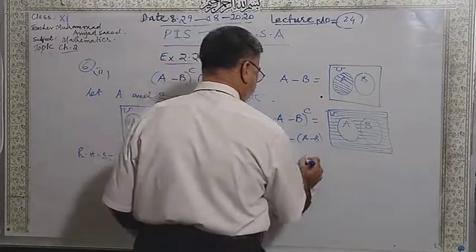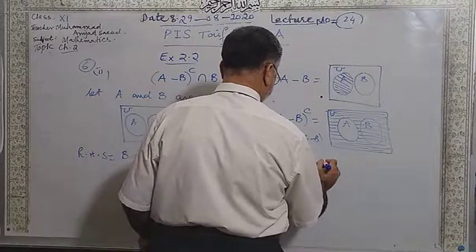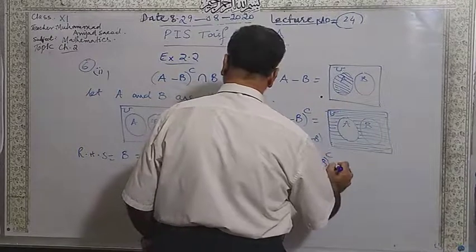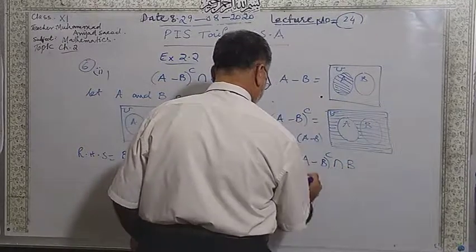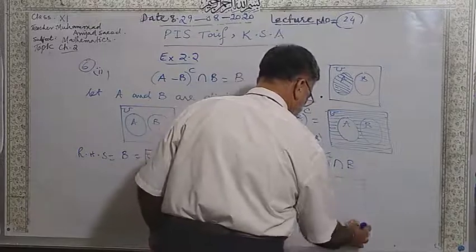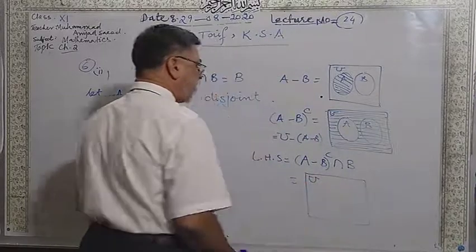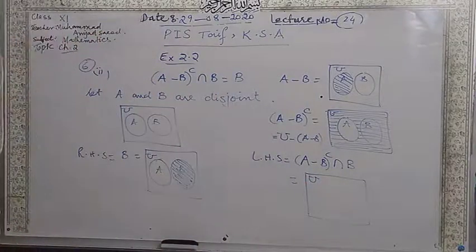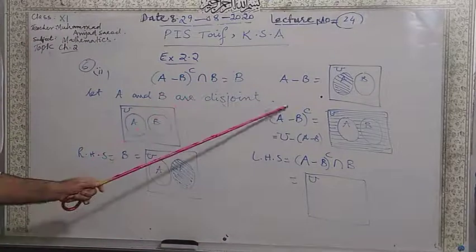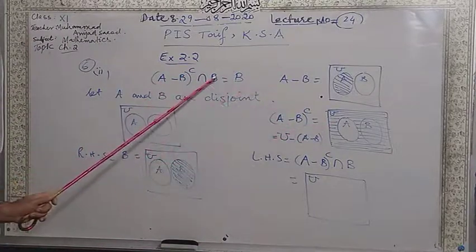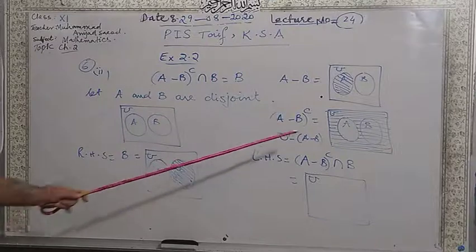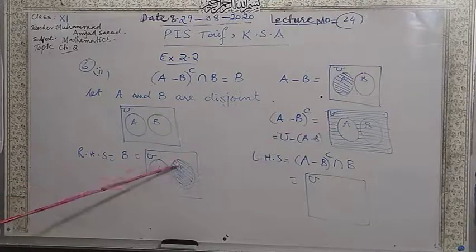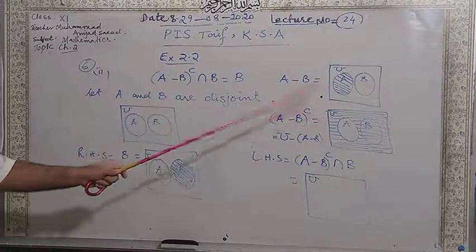Now what about the left hand side? Left hand side is equal to A minus B complement intersection B. You can check. A minus B complement is this one and B is this. What is common in both? Intersection means common.